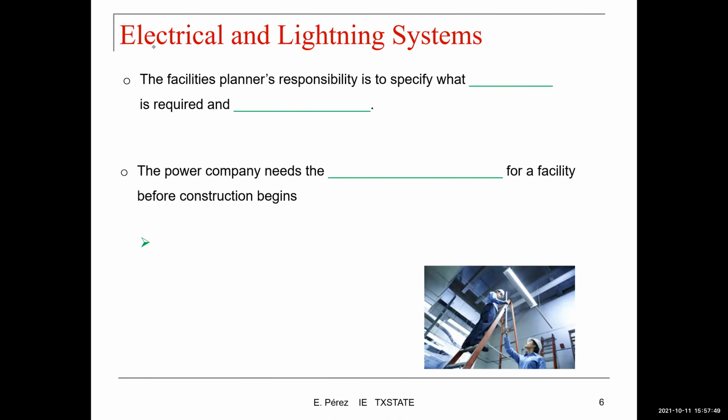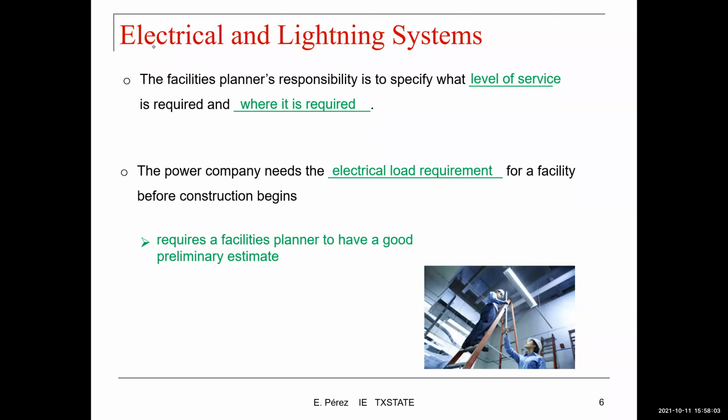The facilities planning responsibility is to specify what level of service is required and where it is required. The power company needs the electrical load requirement for a facility before construction begins, so it requires the facilities planner to have a good preliminary estimate.